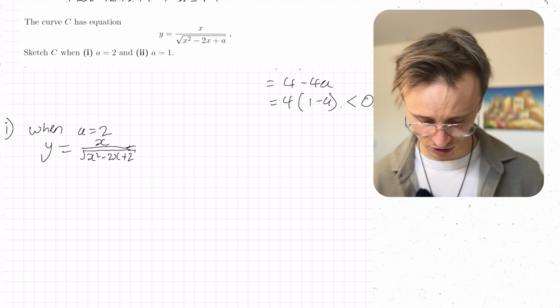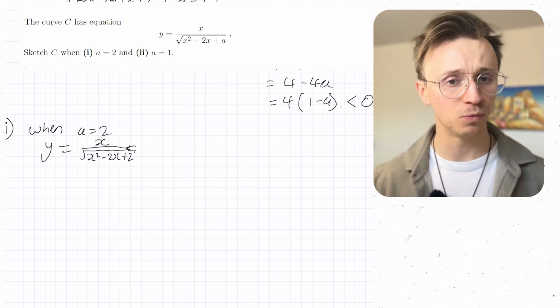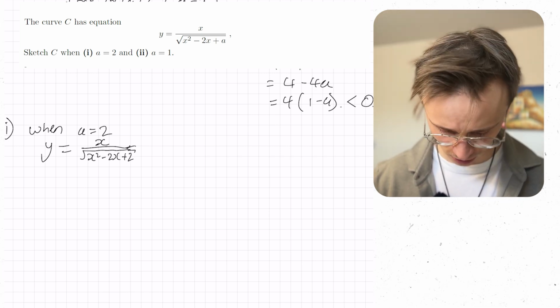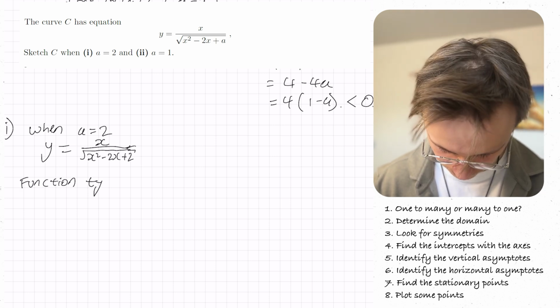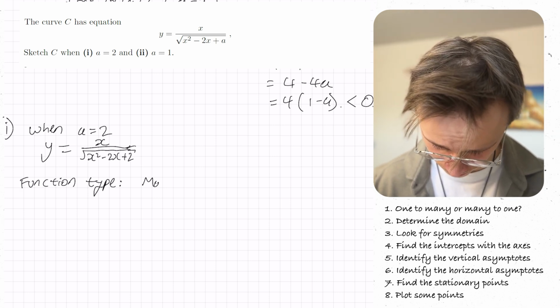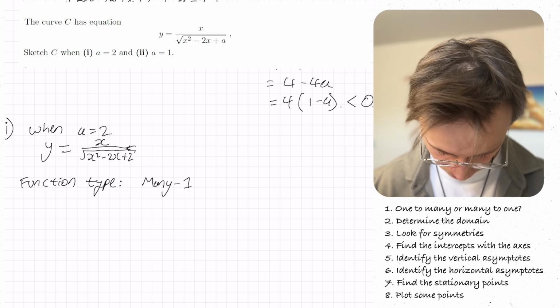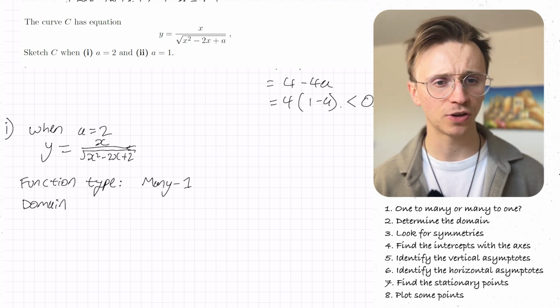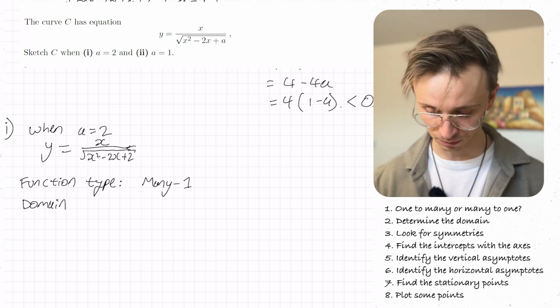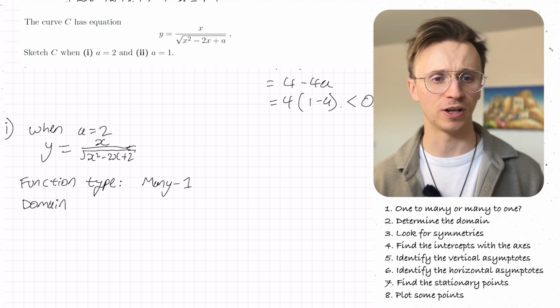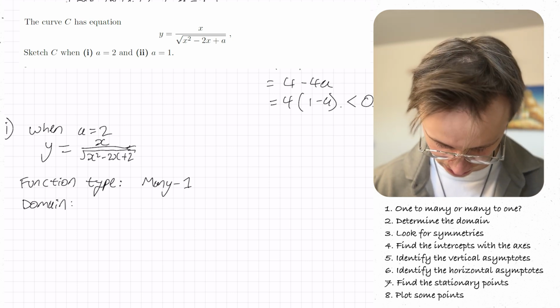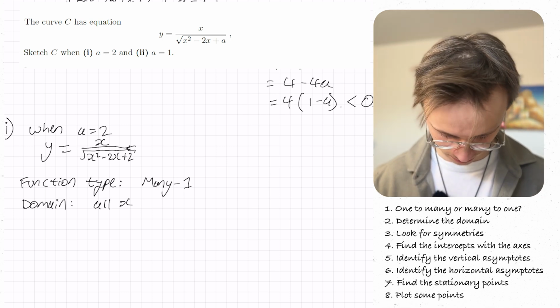The bottom doesn't neaten up too much, there's not much I can do there, but we just need to go through the same steps as we've done before, where we write our function type, which is many to one. Our domain, well, they've specified nothing in the question, and I know from previous analysis that the bottom can never be equal to 0, so I'm not going to get any singularities. The domain is all of x.